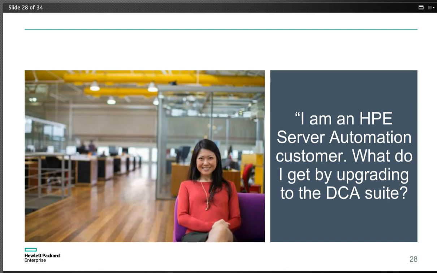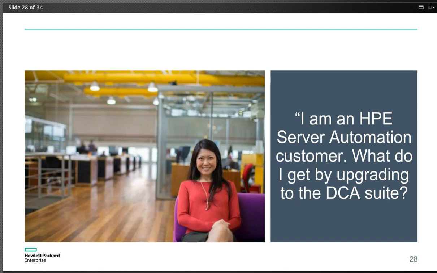Number one, a baked-in orchestration framework by way of our industry-leading operations orchestration product. It's a capability that is now part of the DCA suite. So you get that in addition to whatever you have by way of server automation.